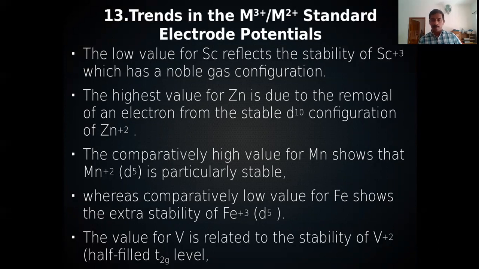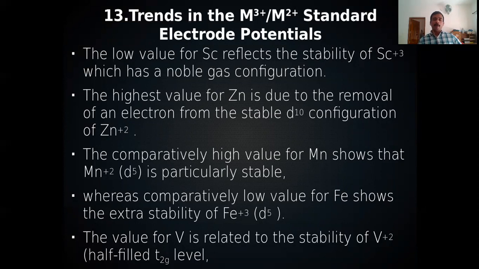That is more stable. So Fe3+ is more stable than Fe2+. In the case of manganese, where Mn2+ is more stable than Mn3+, it has a large tendency to undergo reduction and form Mn2+. So its value will be high. Standard electrode potential will be high.